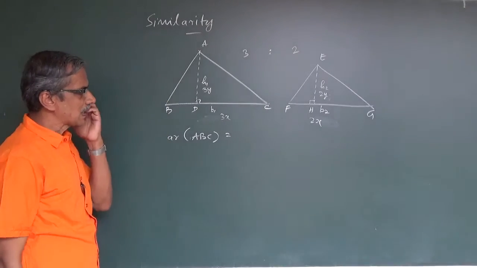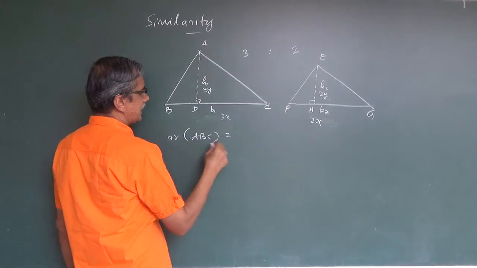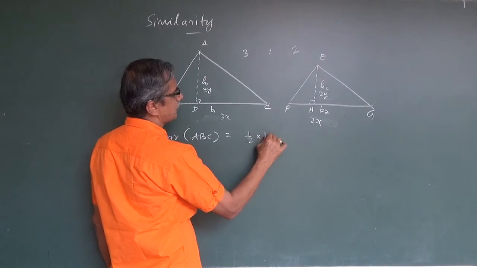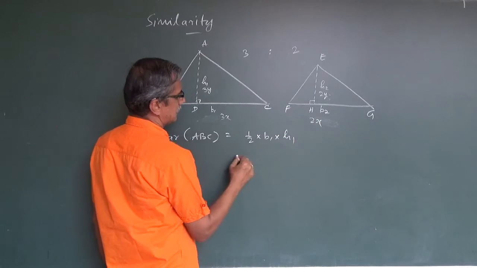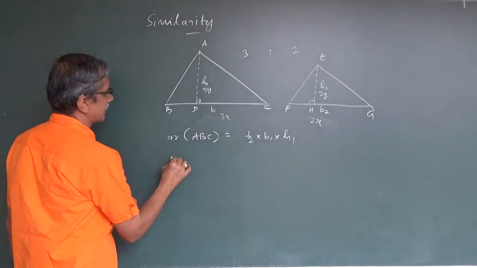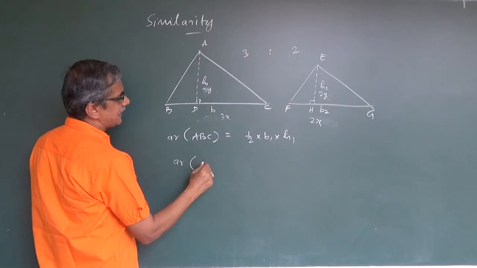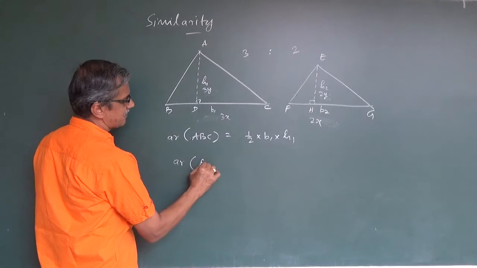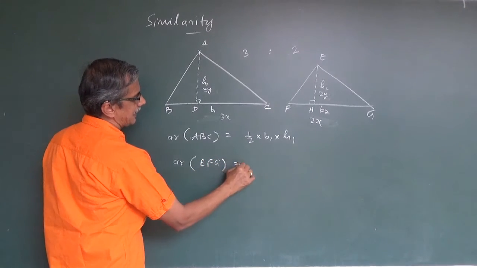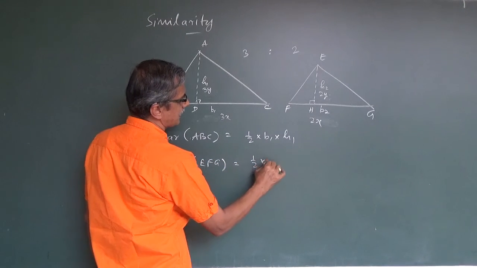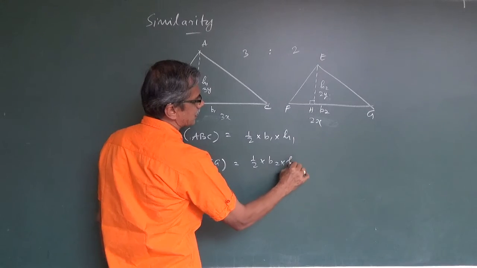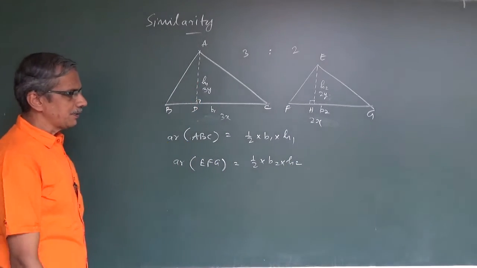So area ABC is equal to half into B1 into H1. And area EFG is equal to half into B2 into H2.